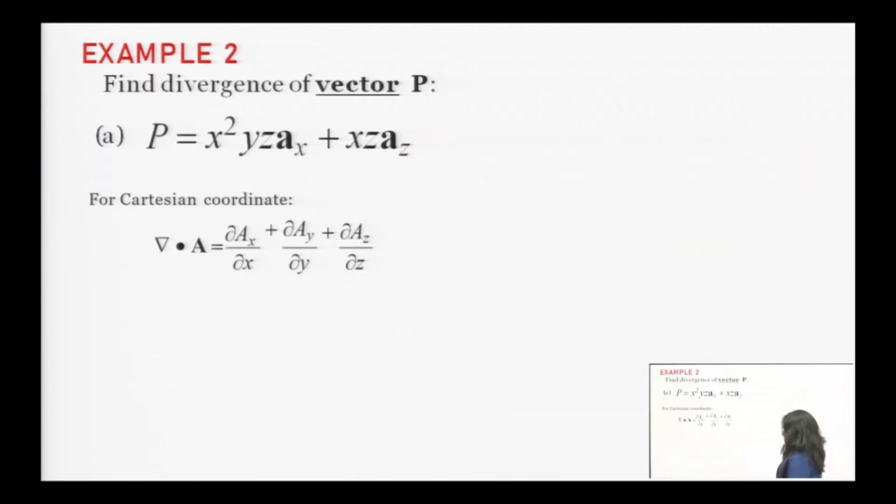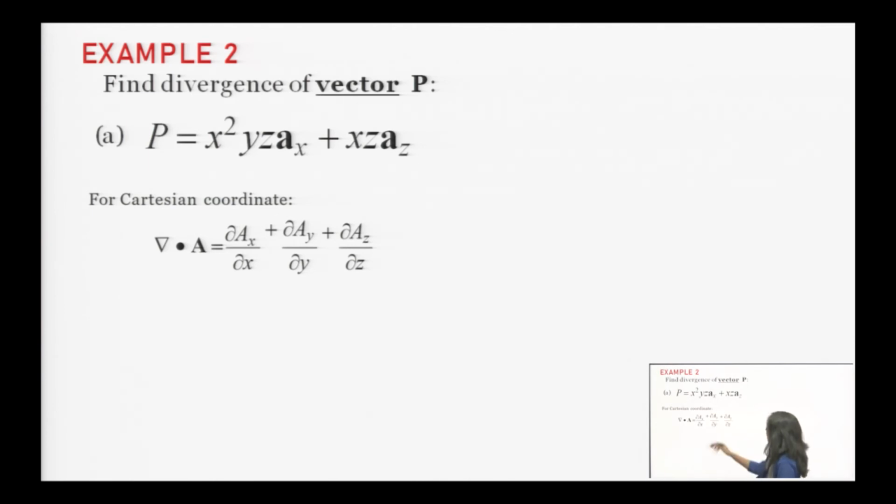Now we will solve some problems based on divergence of a vector. Divergence of any vector gives the idea about how much a vector field diverges, whether it diverges, converges or moves parallelly. Here we can see that the vector is given, p is equal to x square y z ax plus x z az.